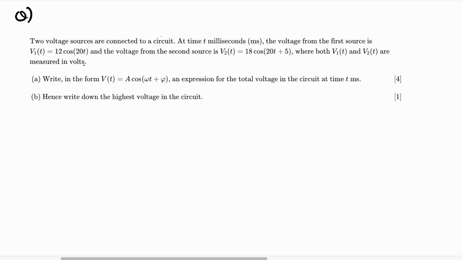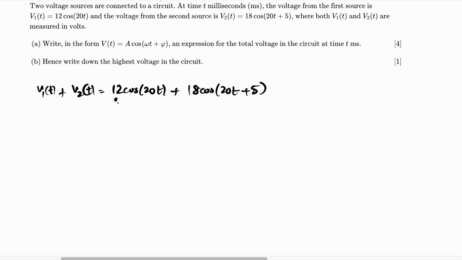Firstly, I'll just write down the addition plainly. So V1(t) plus V2(t) is equal to 12 cos 20t plus 18 cos(20t plus 5). So I have to write the addition of these two cosine functions as a single cosine function.